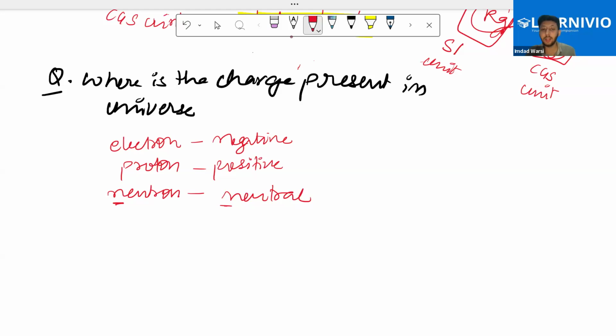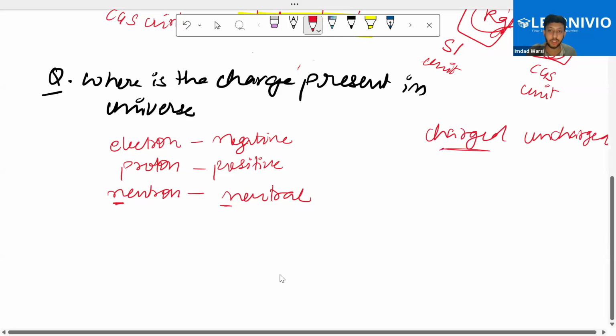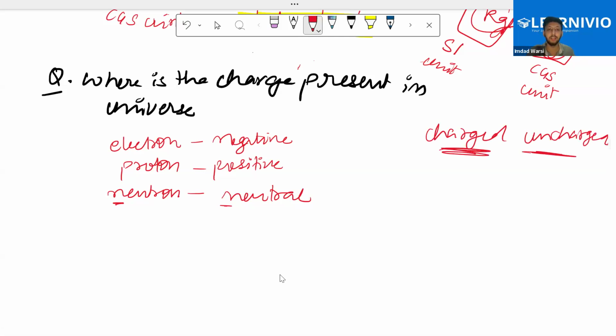Now there are two words which we should see before writing: we say that something is charged and something is uncharged. Basically, something which has charge is called charged and something which does not have charge is called uncharged. Now this electron has negative charge, so this is charged, right? Proton has positive charge, this is also charged.